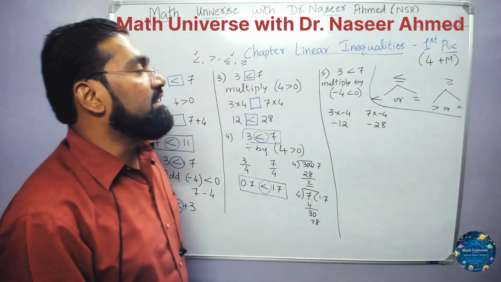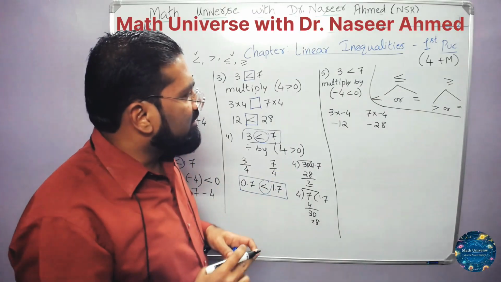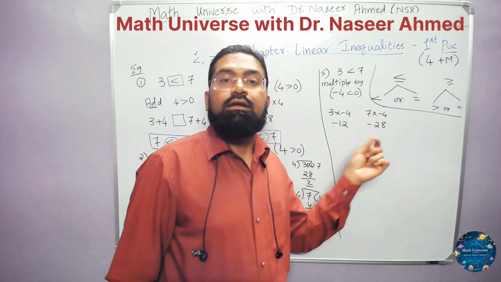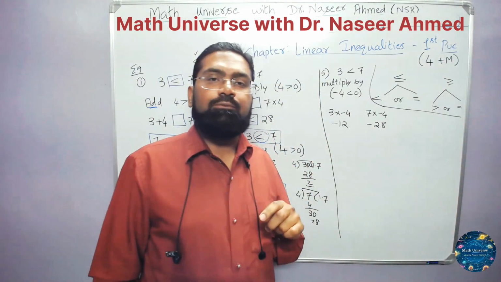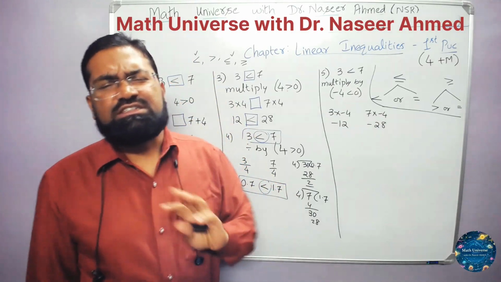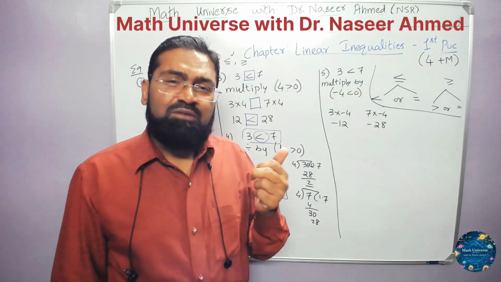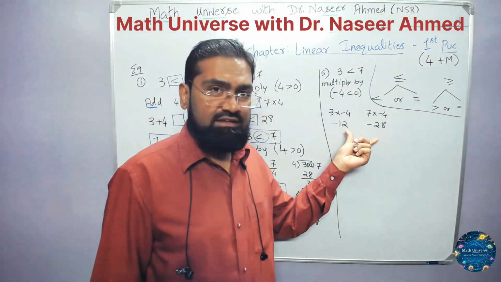Now what will be the inequality? Many students, as soon as they see negative, will not use common sense logic. Again, they will think 12 is less than 28. 12 is less than 28, true. But here it is minus 12 and minus 28. For this reason, go with one logic. With respect to amounts, the brain will work. So I will take 28 and 12 as positive.